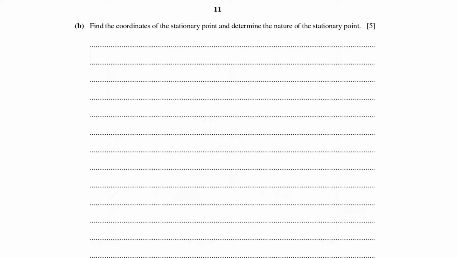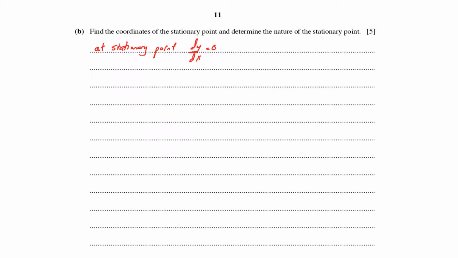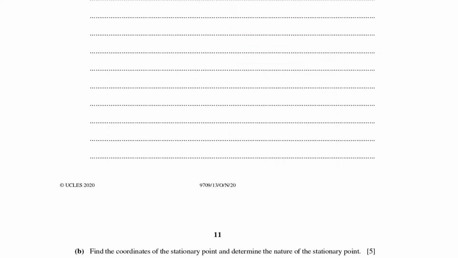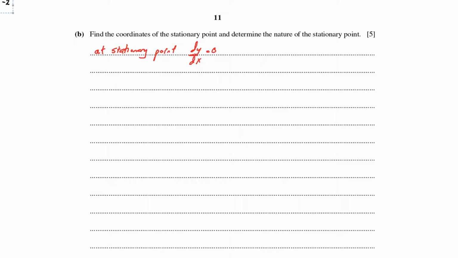On part B, they say find the coordinates of the stationary point and determine the nature of the stationary point. For the stationary point, we know that dy by dx should be equal to 0. We have already found dy by dx, so we equate that expression to 0.